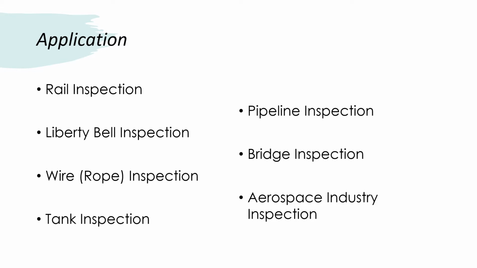In the previous three classes we already covered the application in rail inspection, wire rope inspection, tank inspection, and pipeline inspection. And today we will discuss bridge inspection and aerospace industry inspection.